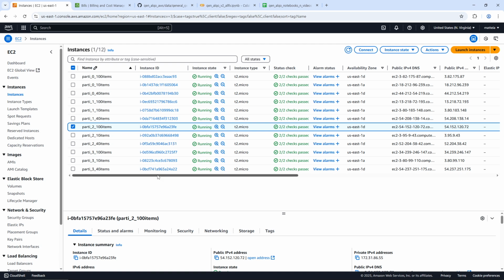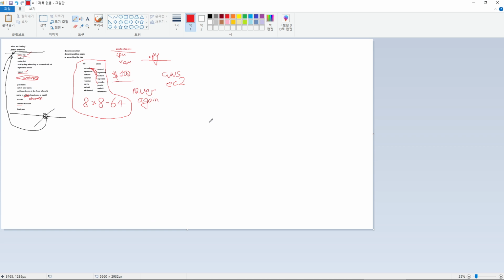Here we go. I have 12 of these, but, to be blunt, brief, precise, concise, they are painfully slow right now because I'm using the free tier.